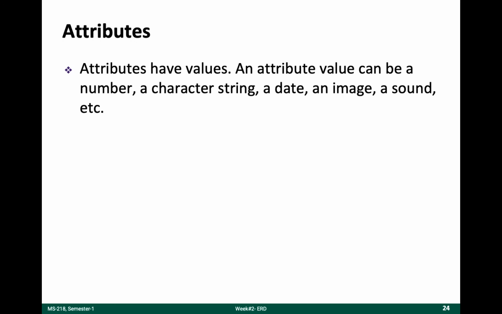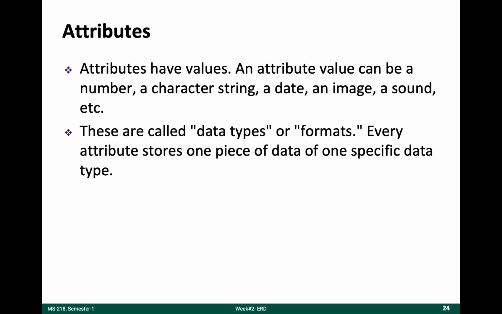So attributes have values. It could be a number, it could be a character string, it could be a date, it could be an image, or even a sound, right? On Facebook, you are sharing different information, and they have to store your information separately. It could be a video, it could be an image, right?